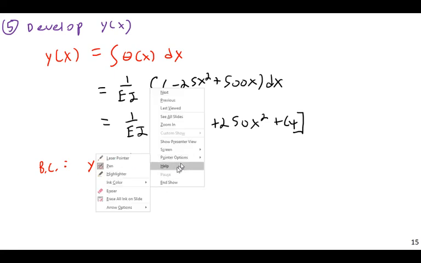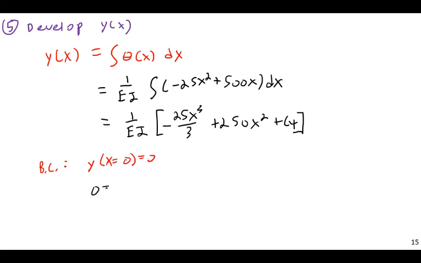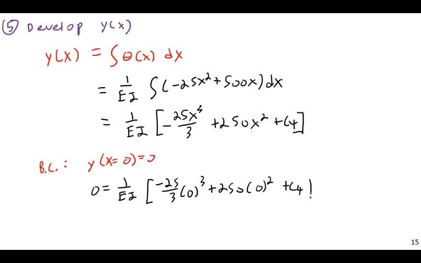And I can just substitute this in, and I will get 0 equals 1 over EI times negative 25 over 3 times 0 to the third plus 250 times 0 squared plus C4. And this leads us to C4 equal to 0.